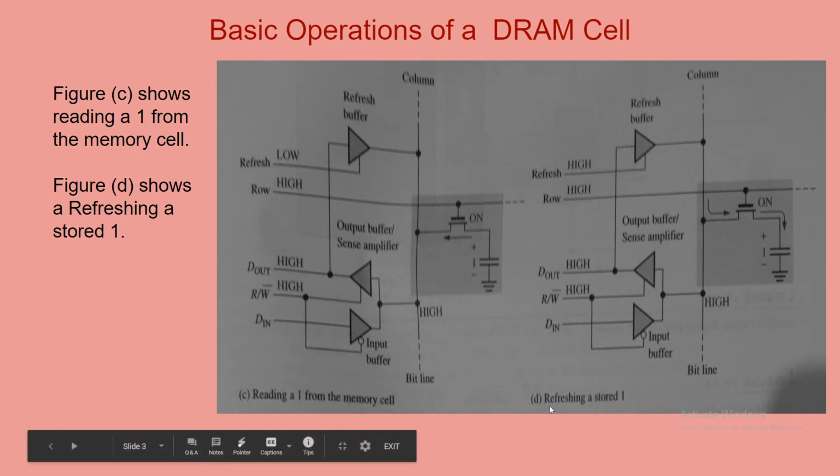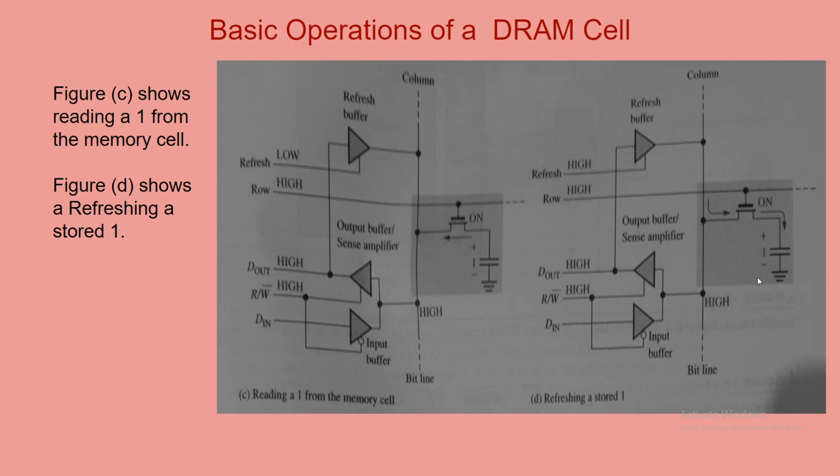Figure D explains refreshing a stored 1. How is this DRAM cell refreshed when the data stored on that cell is 1? In order to refresh a DRAM cell, the read-write line should be at high level. When the read-write line is high, the input buffer is disabled and the output buffer is enabled.